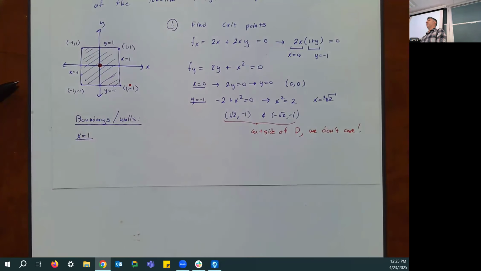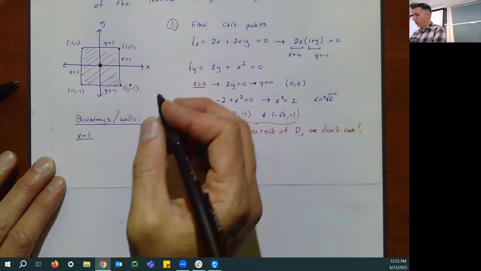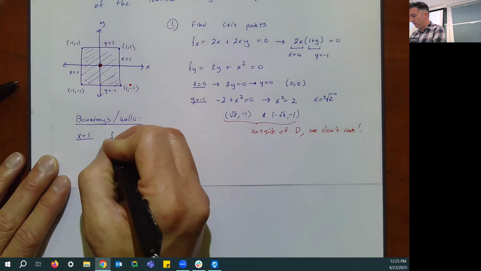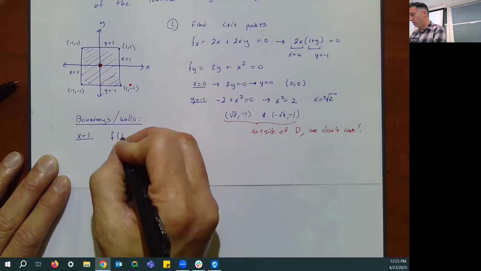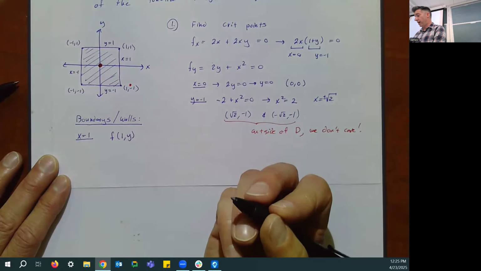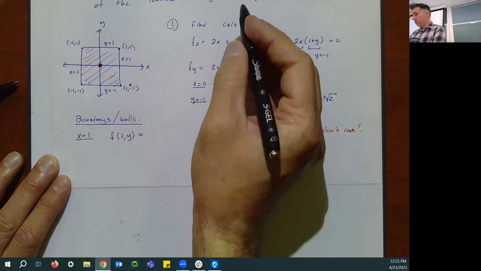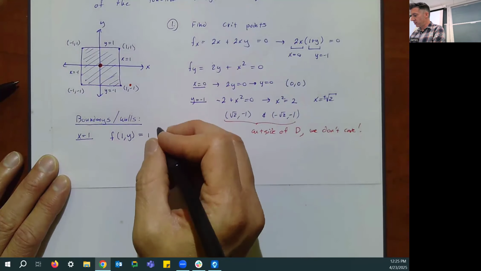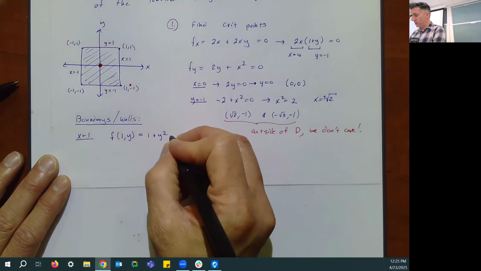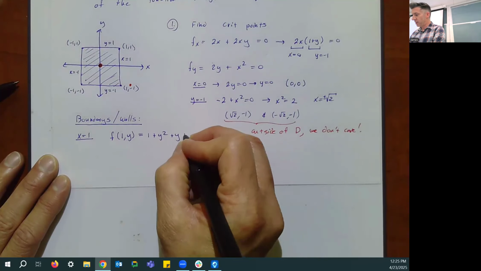So I want to point something out. If x equals 1, x isn't changing. x is always 1. So to find any critical point, you're just going to take the partial derivative with respect to y after you set x equal to 1. So if we plug in x equal to 1, our new function, f of (1, y), is going to equal 1 squared plus y squared plus 1 squared times y plus 4.